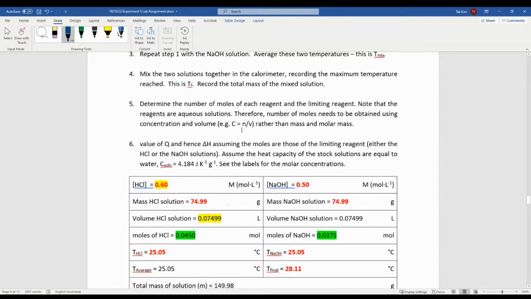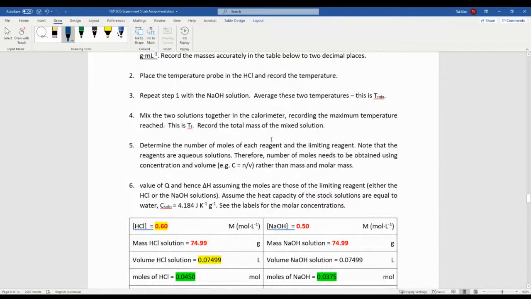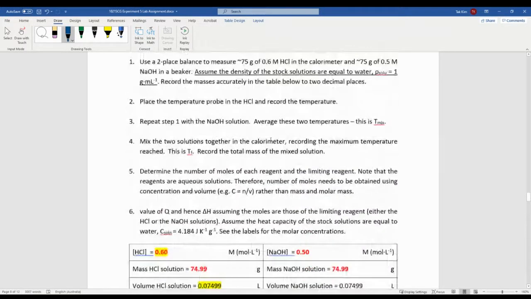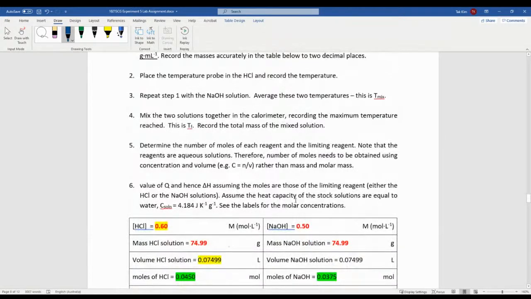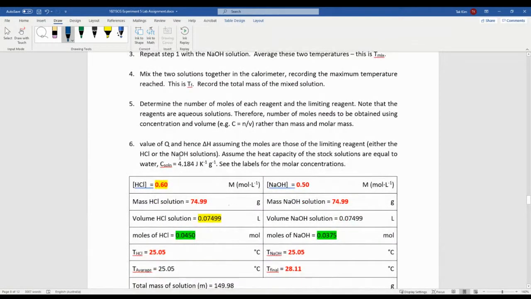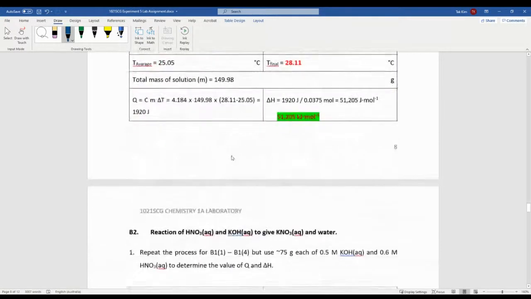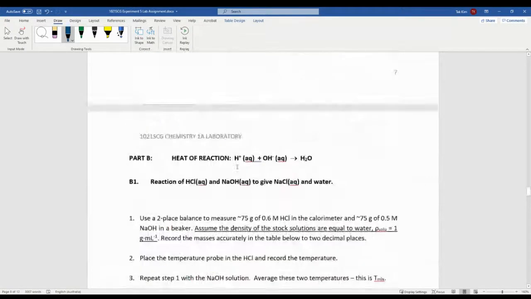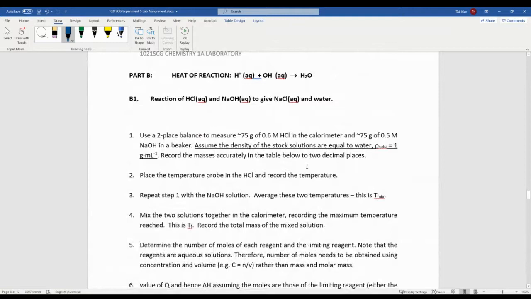I think there's a specific term or number given over here. No? Okay, so it is not given. There we go. We need to assume the density of the stock solutions is equal to water, right?